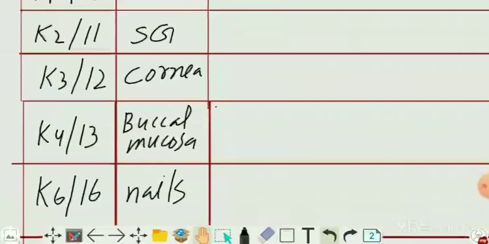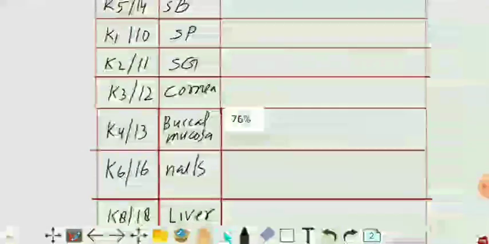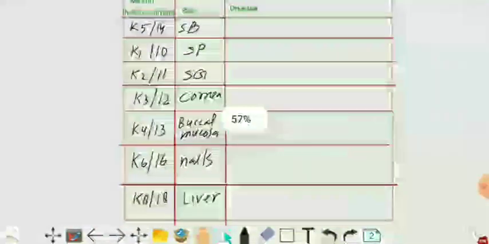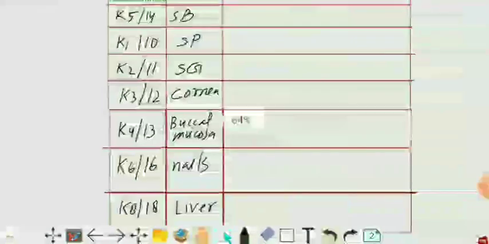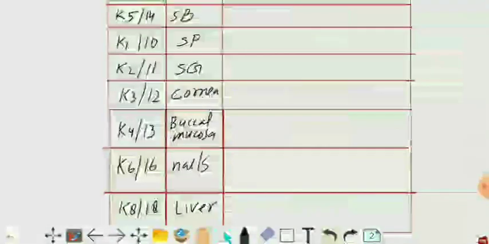Now see some diseases which are associated with these keratin heterodimers. If there is any defect in the K5 by 14, it leads to a defect which is known as epidermolysis bullosa simplex.